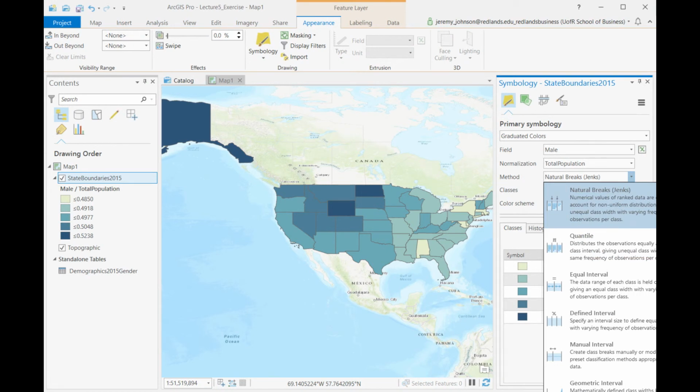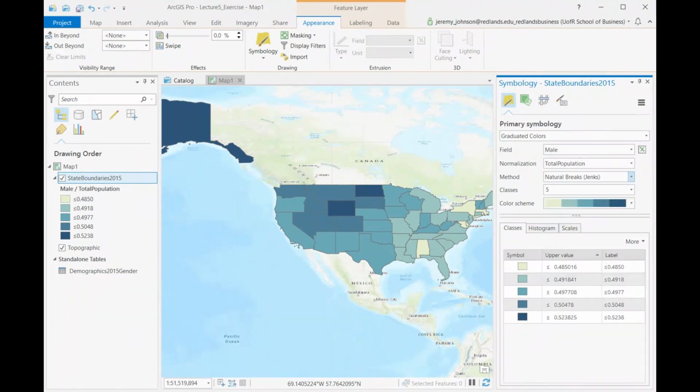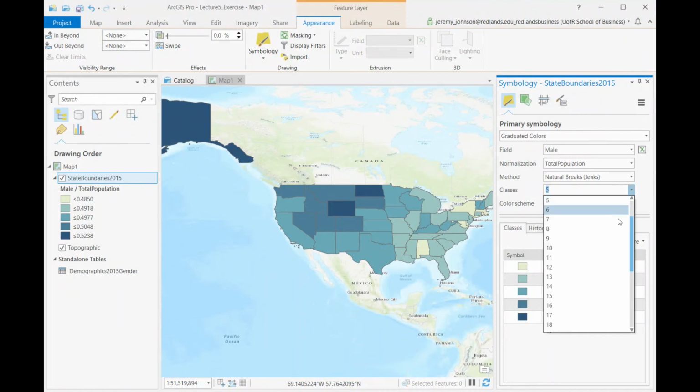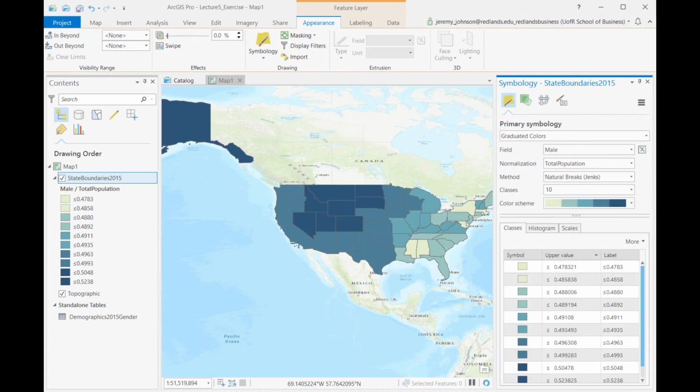There are times where you might want to look at your quantiles, or even a standard deviation concept. But normally natural breaks will work. But let's take 5 and move it to 10 and see if a pattern shows up.